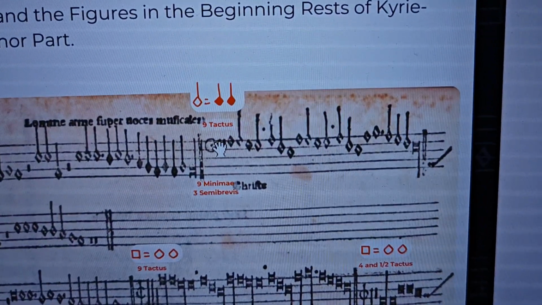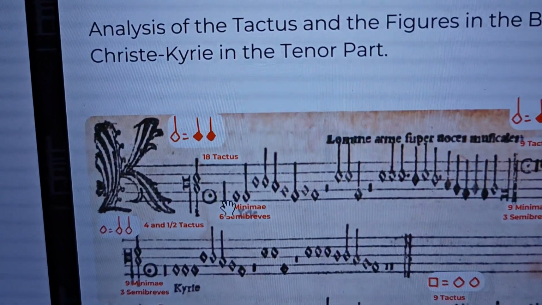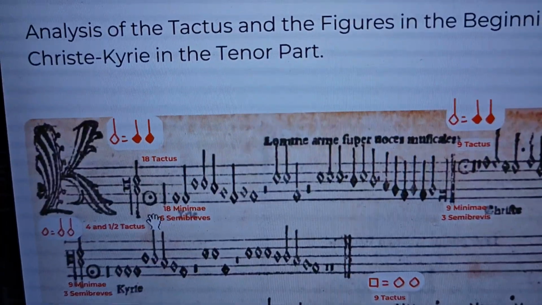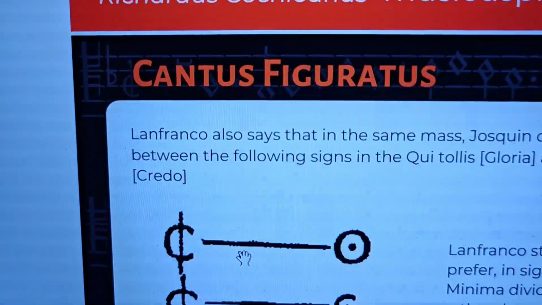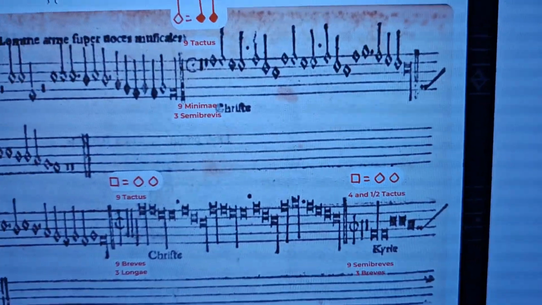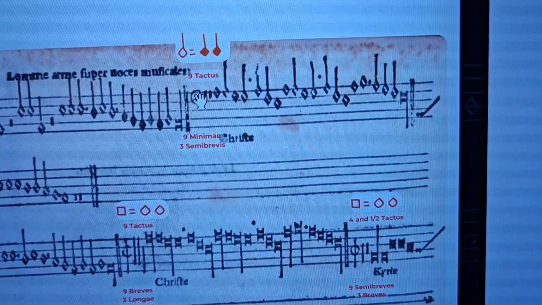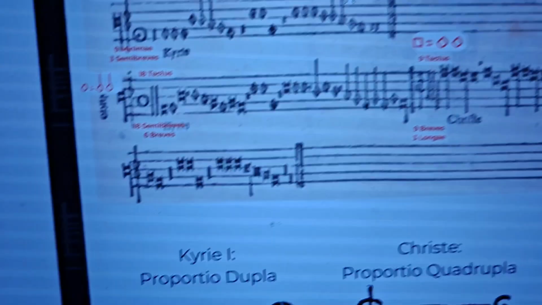And this is a very interesting exception, this tactus, because of the prolatio dot compared to the other voices. Here we have to look at segni contra segni, considering all the other voices, not only the single part. The Christe is this way, with the prolatio dot, of a minima of 2 semiminime.